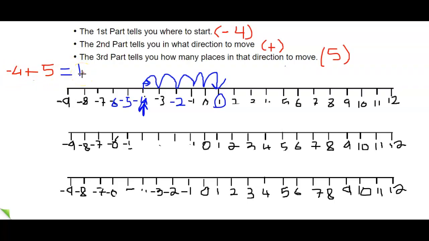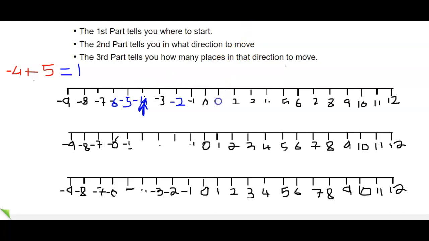Good. Let's look at another question. Let me erase this, and I'll have to put back the numbers. So let's look at 3 minus negative 2, or 3 take away negative 2.